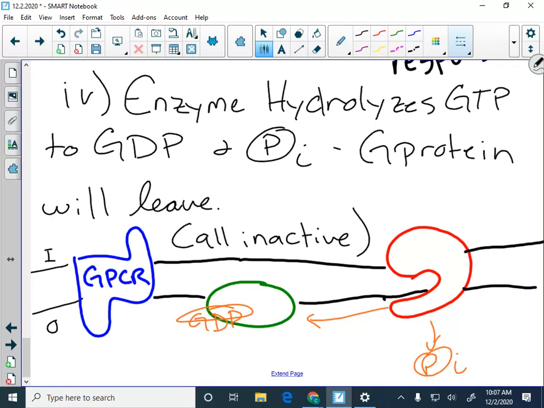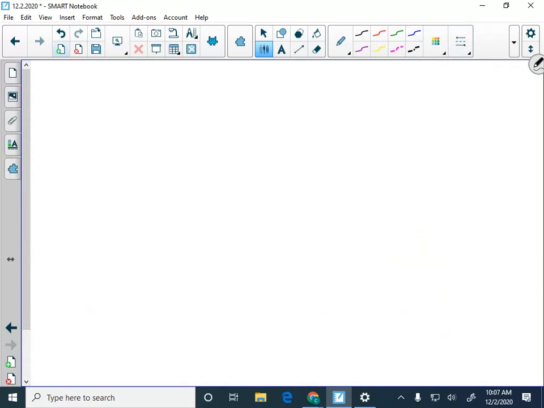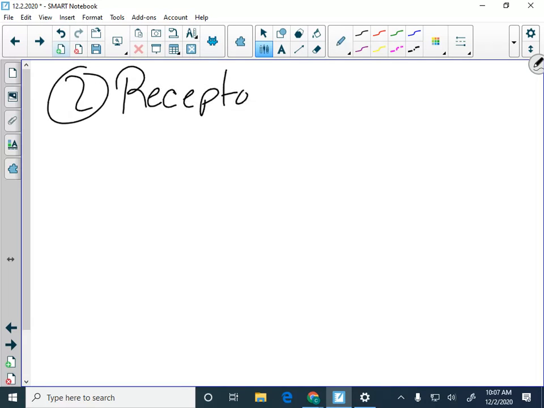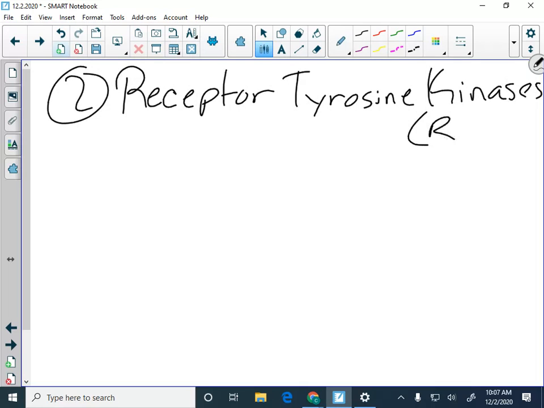Okay. All right. So I'm just going to skip pages so I know where to go. The next type of receptor we're going to talk about is a lot shorter. They are receptor tyrosine kinases, or RTKs.